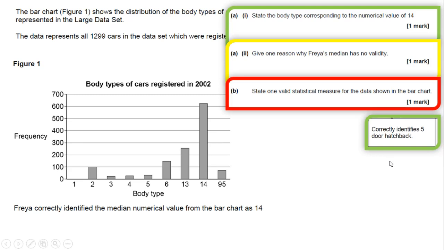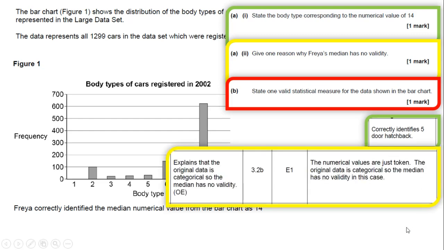But why has her median got no validity? If she chose 14 as the median, why does that have no validity? Well, you're expected to understand that the numbers represented are simply codes that are just given to refer to the body type. They don't have any mathematical meaning.